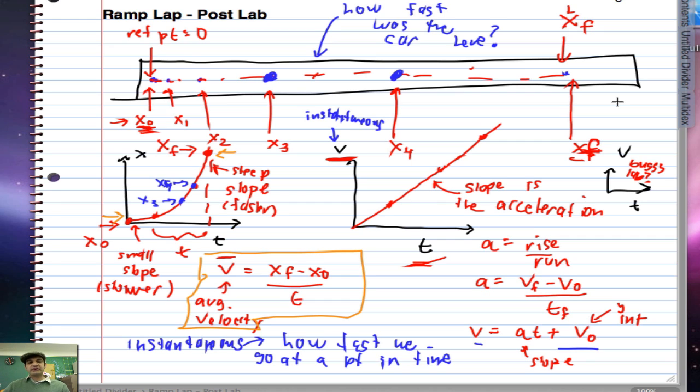So the purpose of this video is really to help us distinguish between instantaneous velocity and average velocity. And we're going to take this idea and come up with 3 formulas that we're going to be using next week.